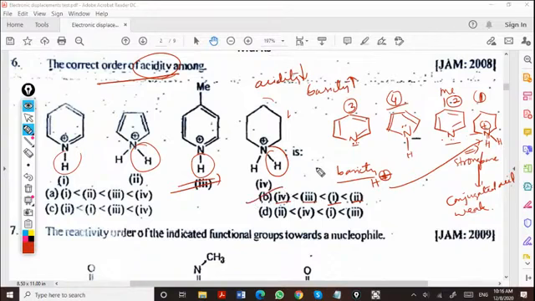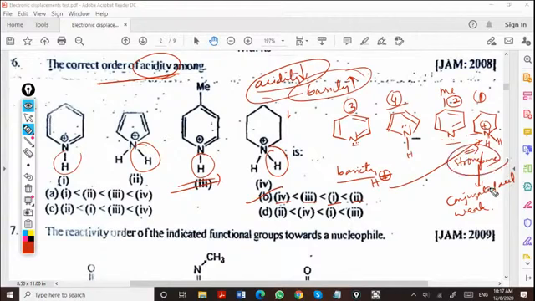So the acidity trend will be in this way, reverse to the basicity. In another way, you can take the least basic one as the first one. Increasing the basicity decreases the acidity. So this concept is very important. A strong base is going to release the weakest acid.